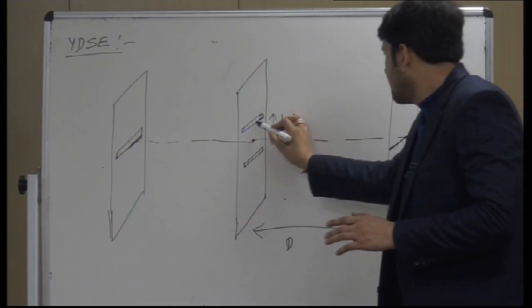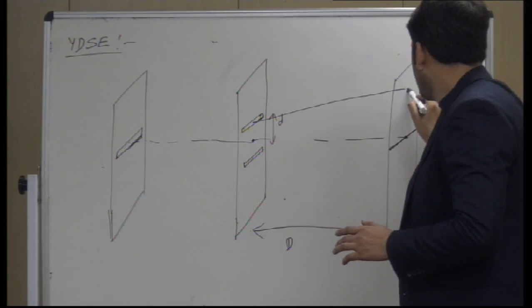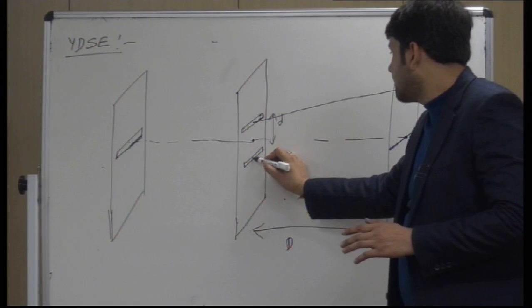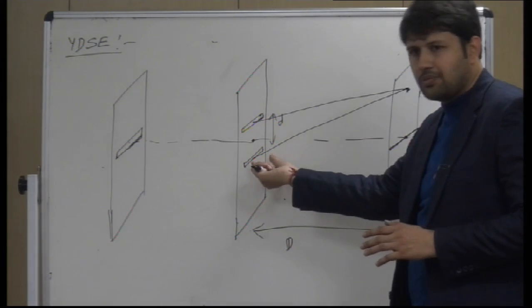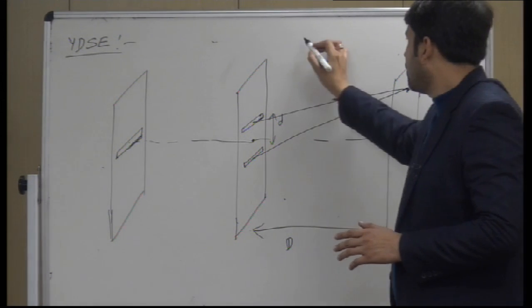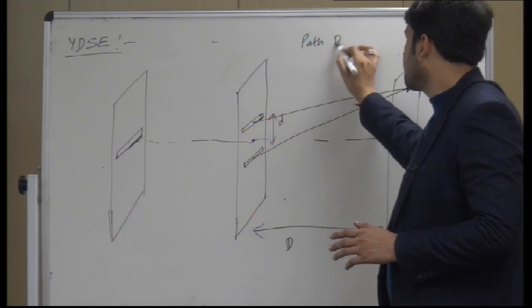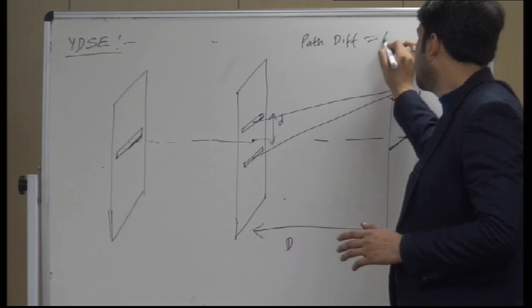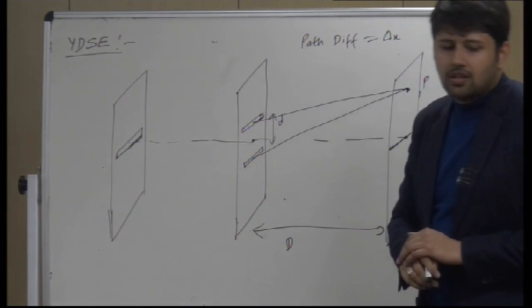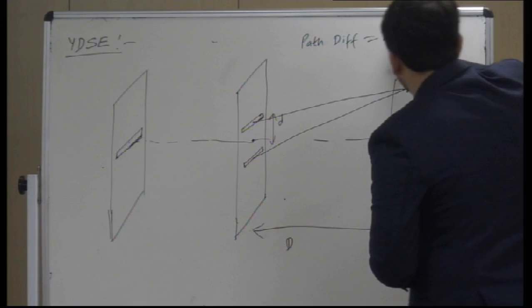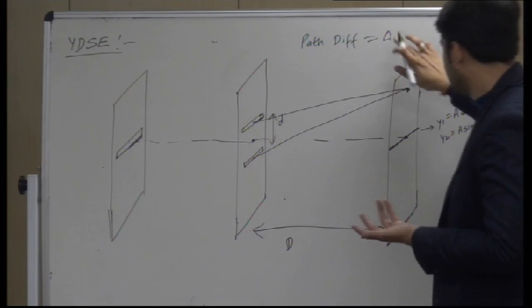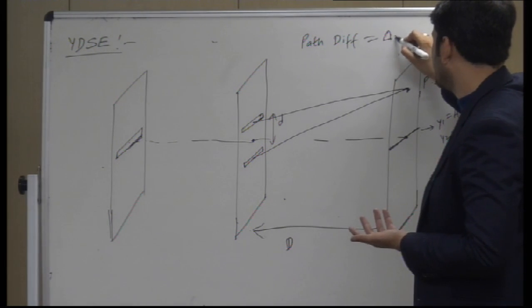The wave here would travel less distance and the wave here would travel more distance. Obviously, this would travel some extra distance, which is called path difference, delta x. Or in some texts it is written as delta only. So suit yourself, whatever notation you find comfortable.